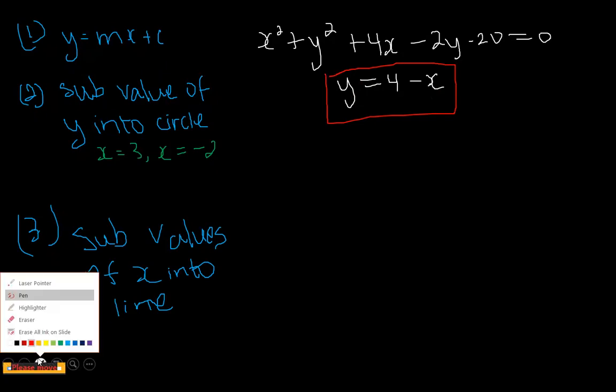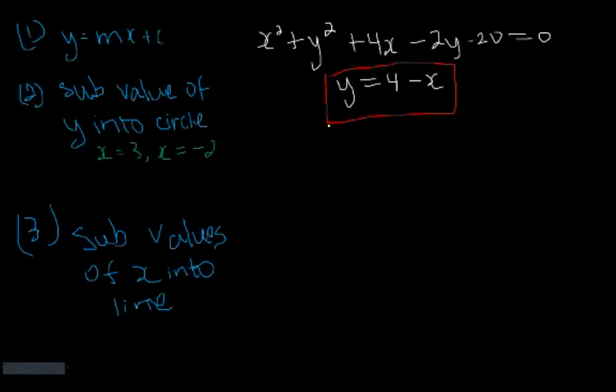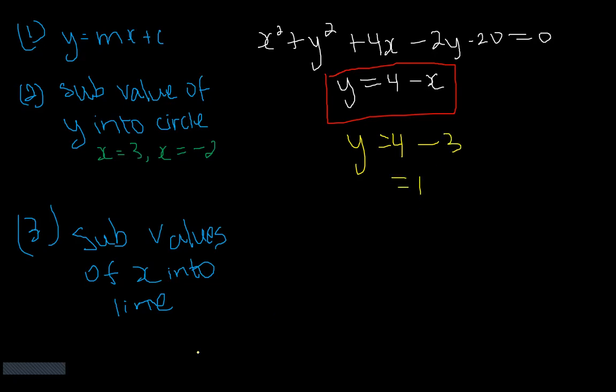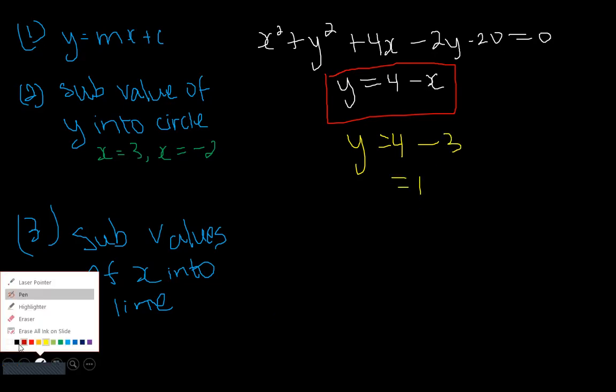So what we're doing now, wherever we see x in this equation, we're going to substitute it with 3, and then we would substitute it with minus 2. So y is equal to 4 minus, I'll put an x in this case, I'll put 3, which is equal to 1. So what does that mean?